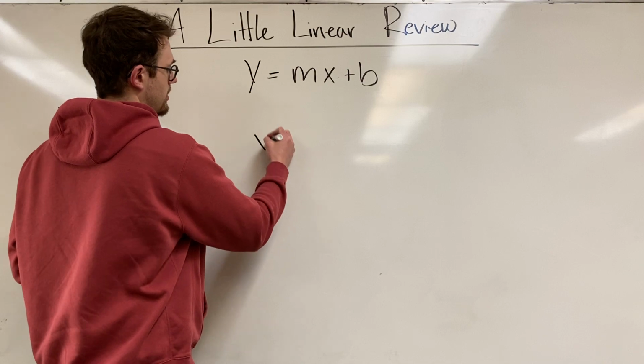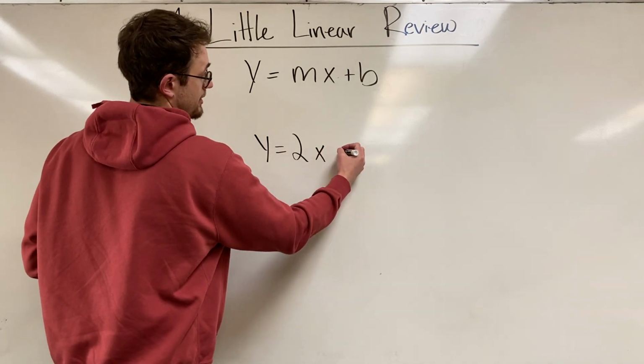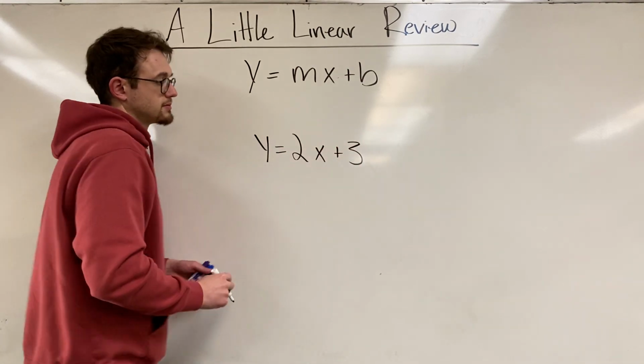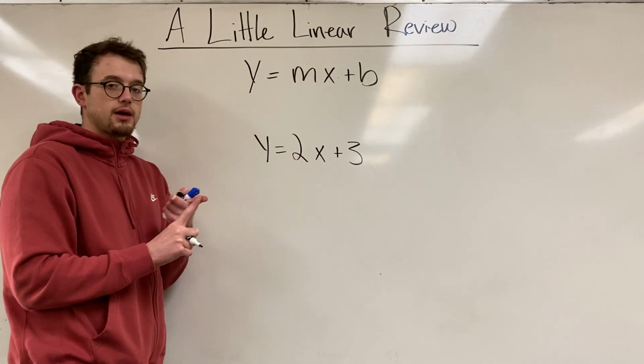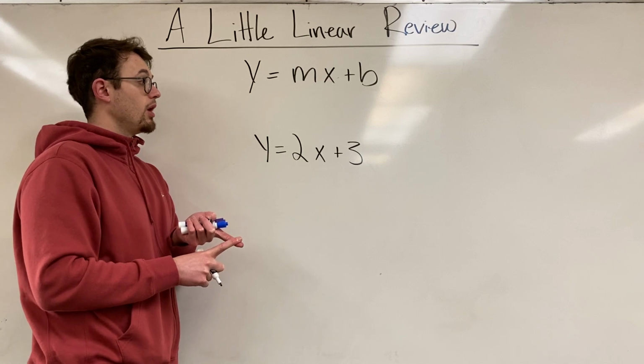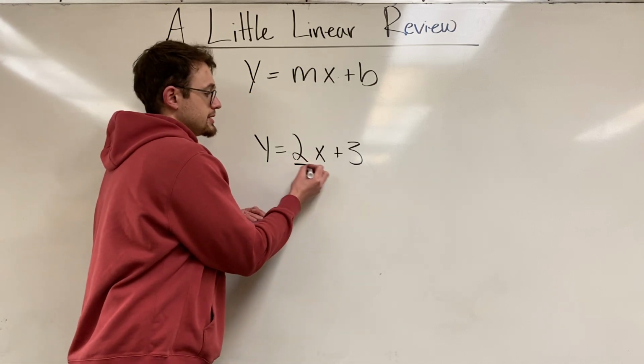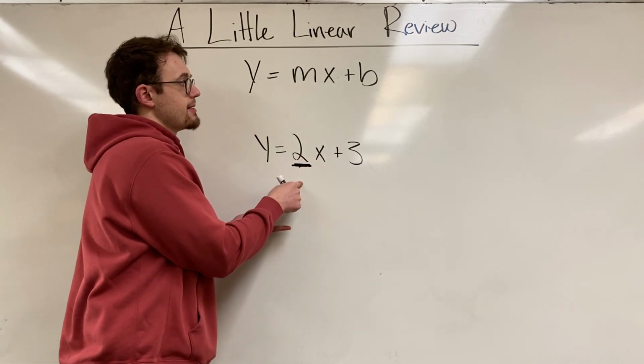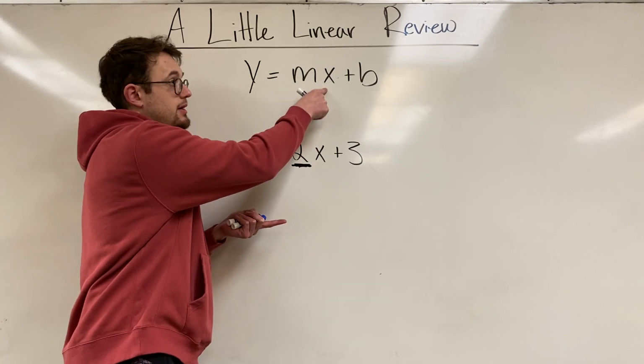Let's say I have y equals 2x plus 3. One type of question I might ask is, is this a positive or negative slope? Well, I look at the slope, which is m, and that is m because it's next to x. M is always next to x.